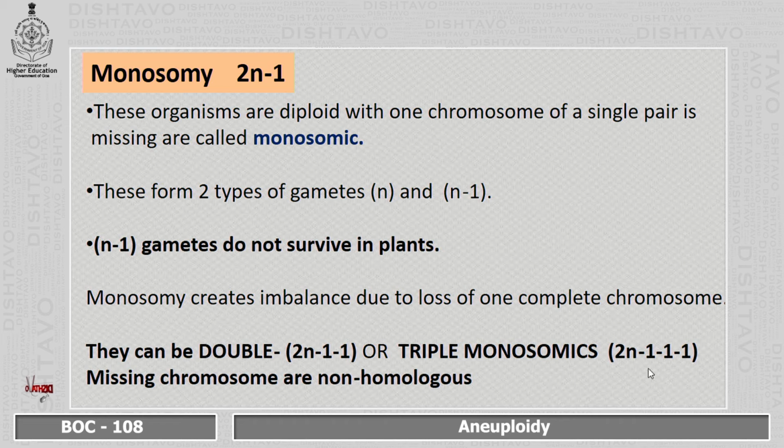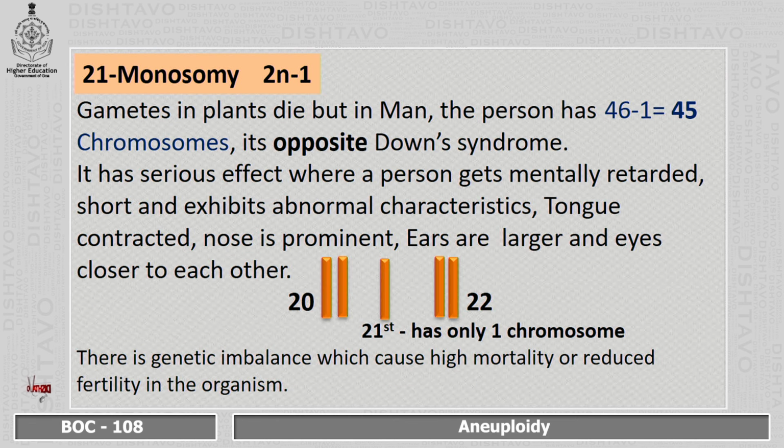These missing chromosomes are non-homologous, not of the same type. One chromosome of the pair will be there, but the other will be missing. Like this, in 3 pairs they will be missing in triple monosomics.